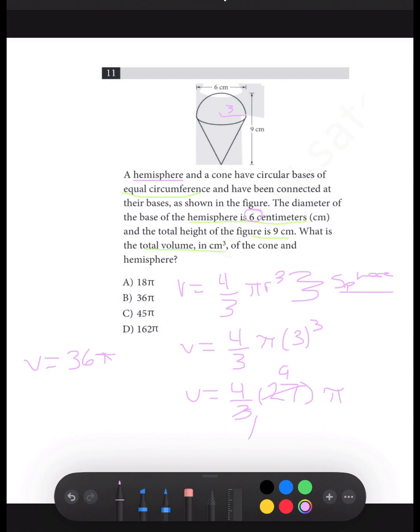And this is a sphere, but we want a hemisphere. So we divide it by 2 and we get volume as 18 pi. So for the hemisphere, we're just going to remember it's 18 pi centimeters cubed.